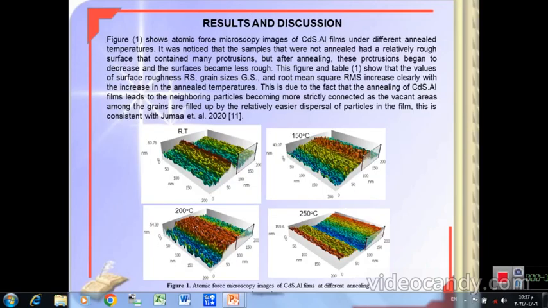Figure 1 shows atomic force microscopy images of CdS:Al films under different annealing temperatures.